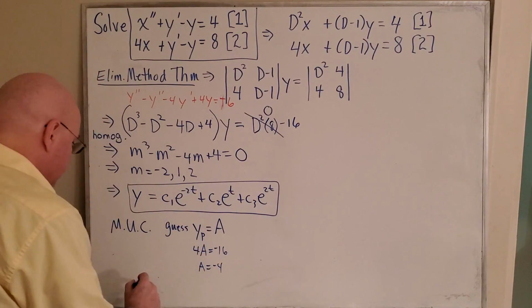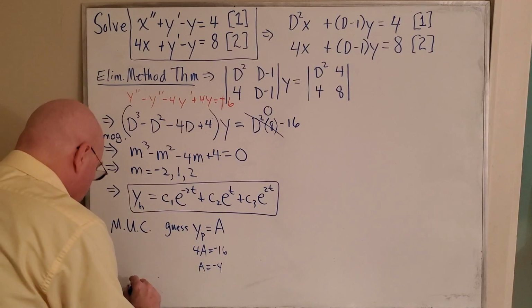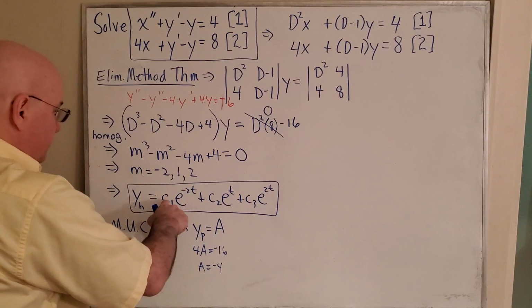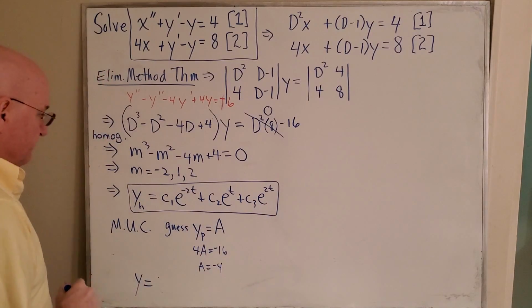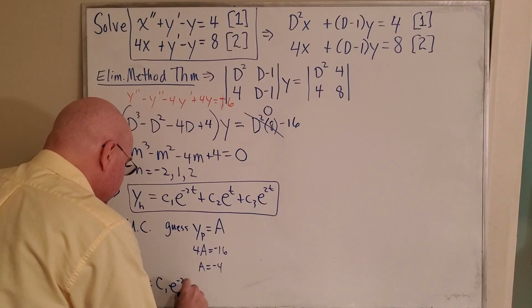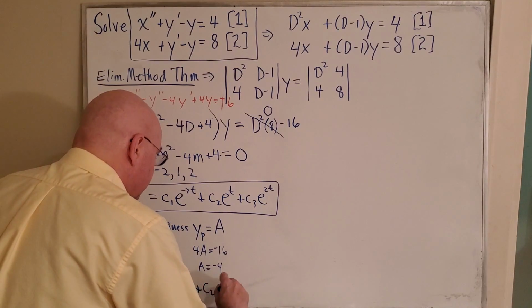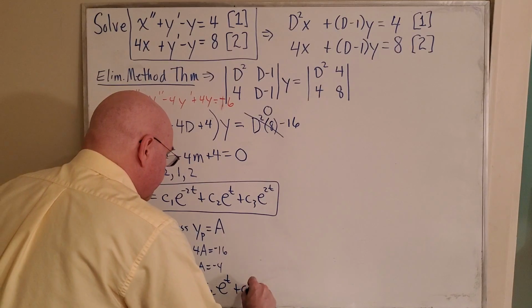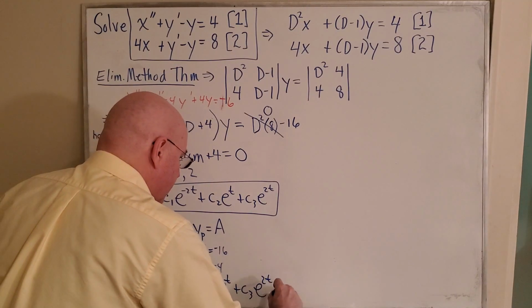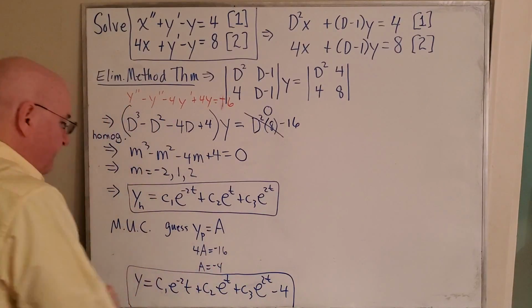So let me put it down here. This is the homogeneous, so I'm going to put yh there. Y is equal to that plus negative 4. C1 e to the negative 2t plus C2 e to the t plus C3 e to the 2t minus 4. Put a box around that.